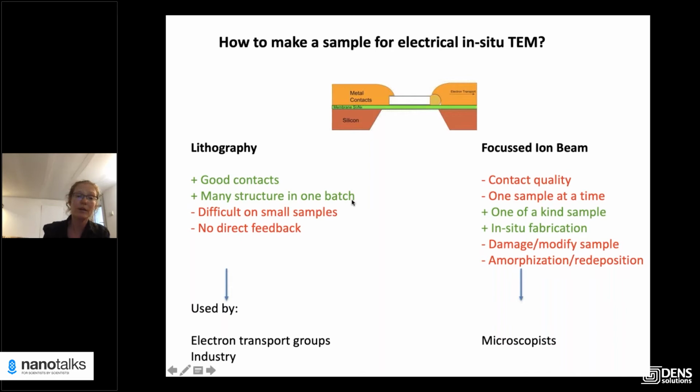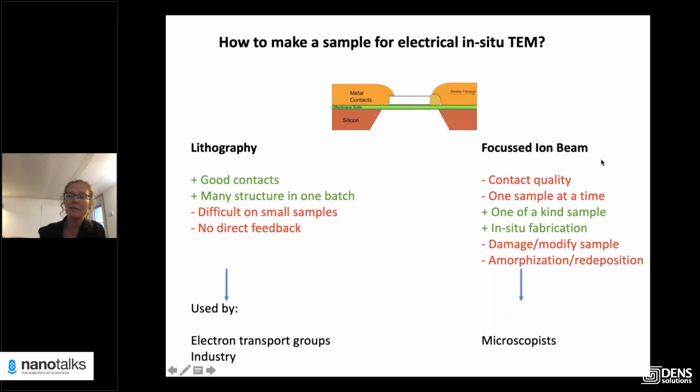There are also drawbacks because TEM samples tend to be rather tiny, and it's a bit more challenging to do this on these tiny samples because you often have to put them in many different places and in solution. So then you can easily break these fragile silicon nitride membranes. And also this is an ex situ technique. You do not have direct feedback on how your lithography is turning out.